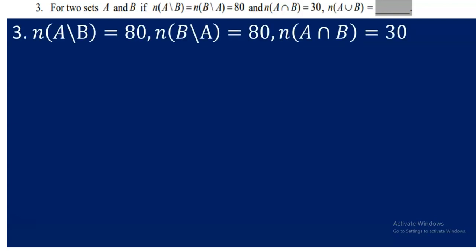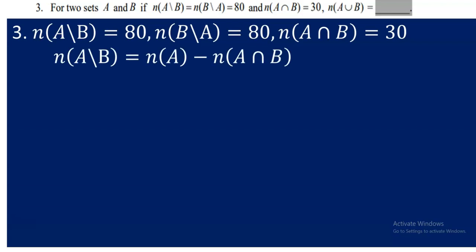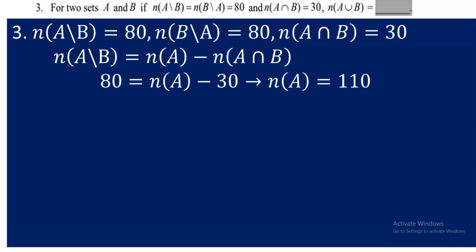So simple. Remember that the given information is this: the number of A without B is 80, the number of B without A is 80, and the number of A intersection B is 30. So we know that the number of A without B is the number of A minus the number of A intersection B. And here, the number of A without B is given. It is 80.